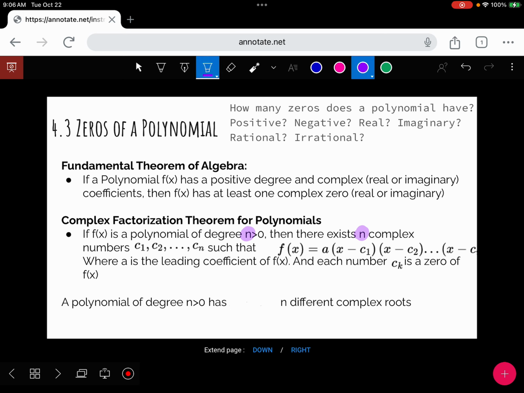So a polynomial of degree n has n complex roots. They don't have to be different. Because if I have x to the third as my function, I have a triple root at 0. So they don't have to be different, but I have 3 roots.